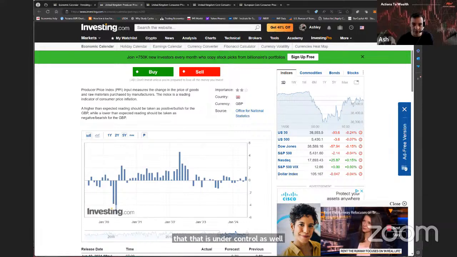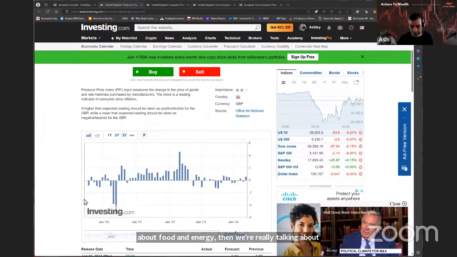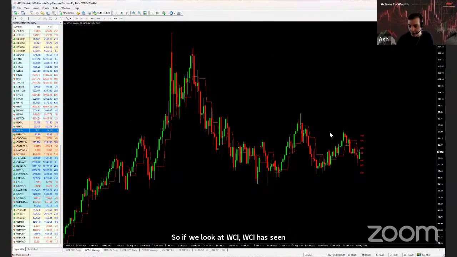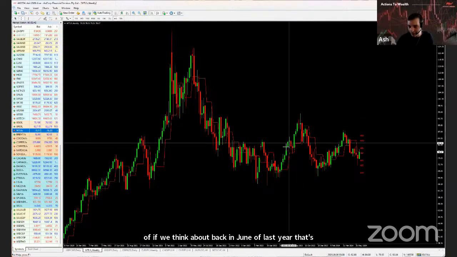Food and energy. If you think about food and energy, then we're really talking about WTI, which is one of the metrics we can use. WTI has seen a decline, if we think about back in June of last year, that's this point here, coming up to this point here.